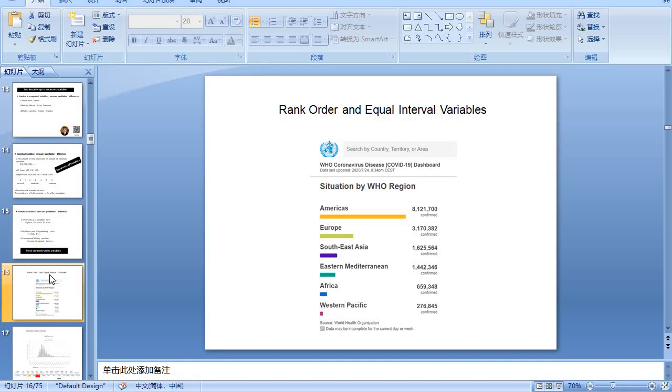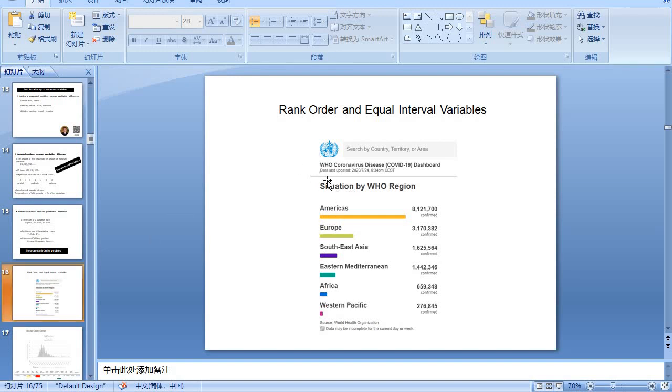You can say the gold medal winner is faster than the silver medal winner, who in turn is faster than the bronze medal winner, but you cannot say precisely how much the difference is. Let's look at some real world data.